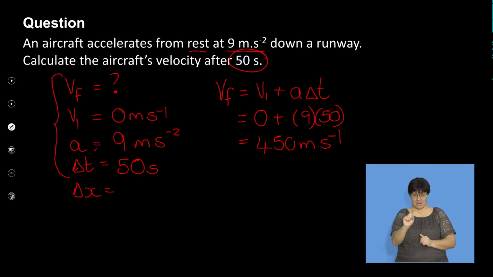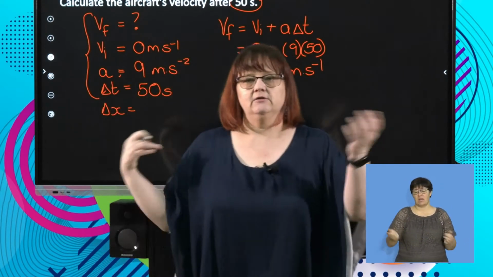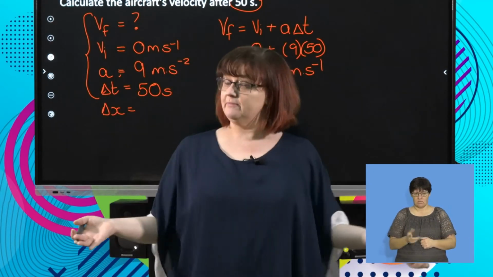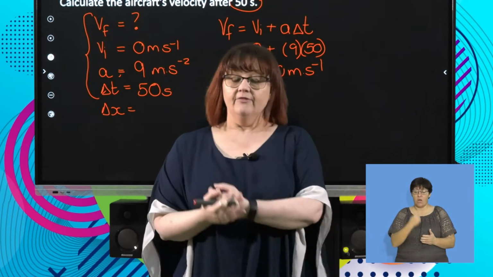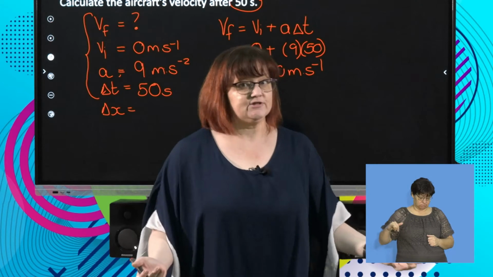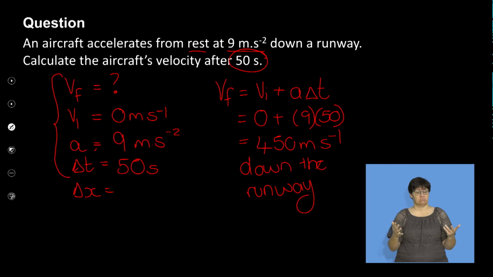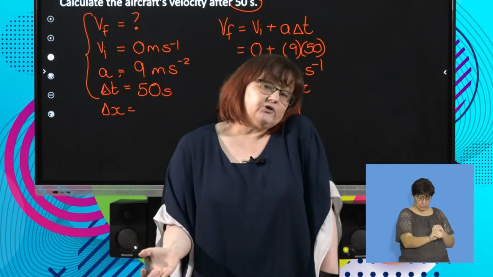Now we've got to talk about direction. I can't say left, right, up, down, north, west, because they didn't give me that. They just simply said the aircraft was going down the runway. That's how I describe my direction. Down the runway. That's fine for a direction because that's how they gave me the direction. I could have said forward.